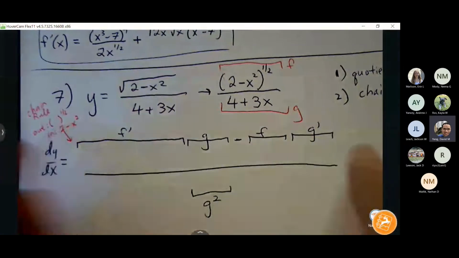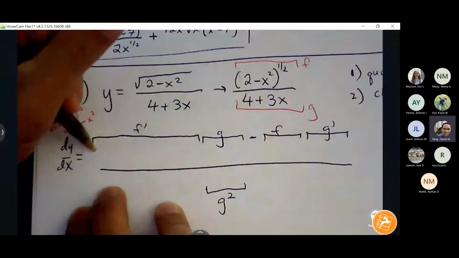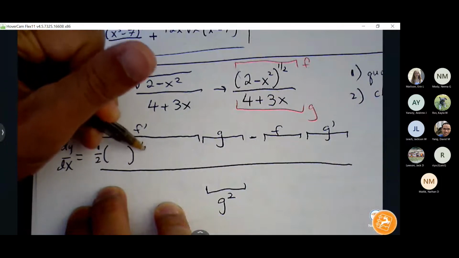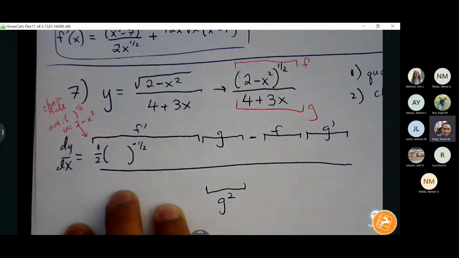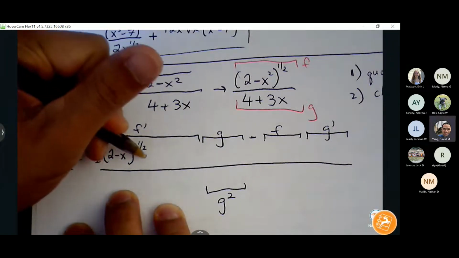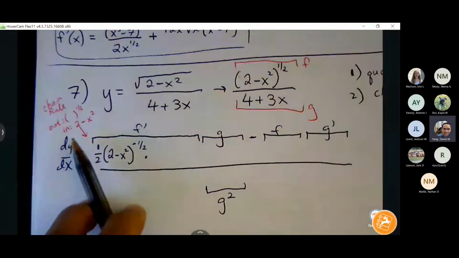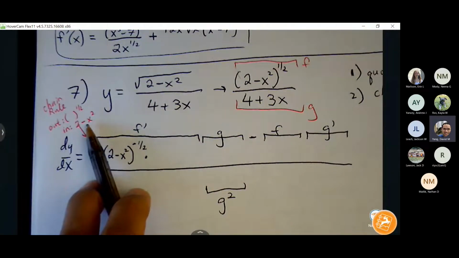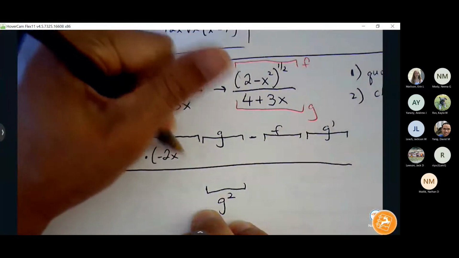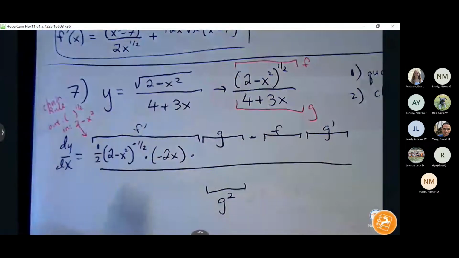Parentheses to the 1/2 becomes 1/2 parentheses to the negative 1/2. Fill that space in with the original 2 minus x squared. Times, now we're ready for the inside derivative, so times what? Negative 2x. Okay, so now we're done with f prime.